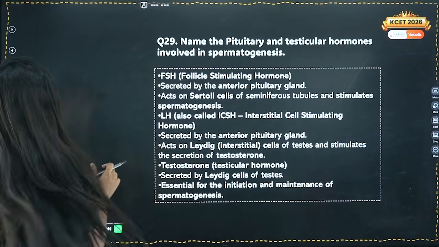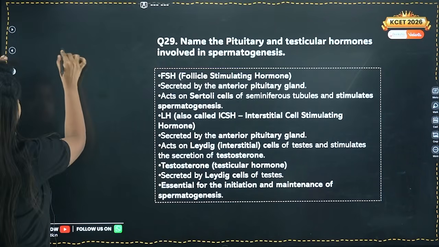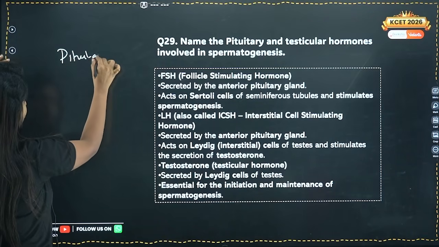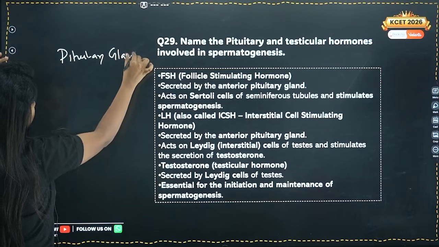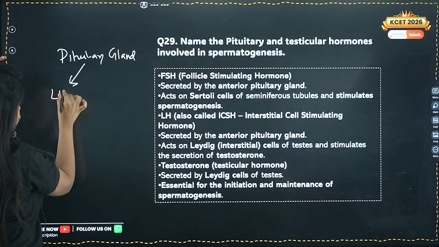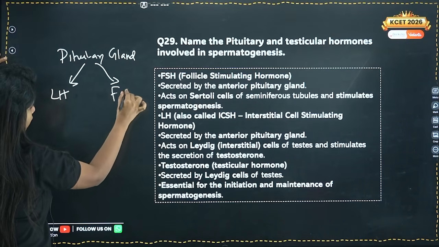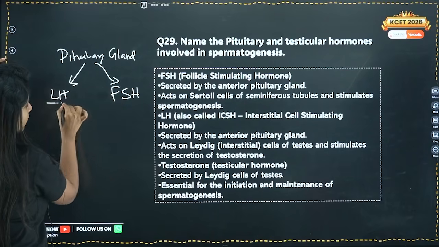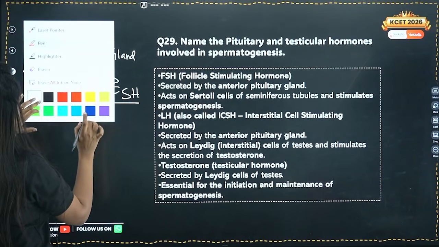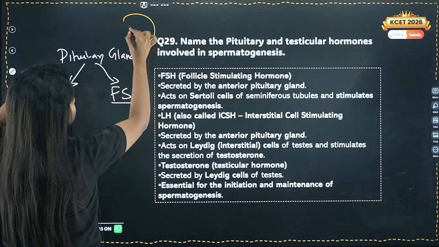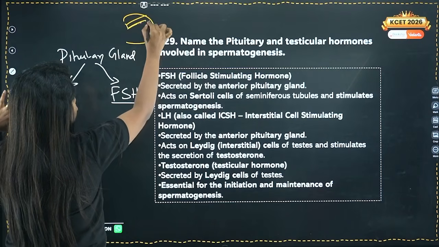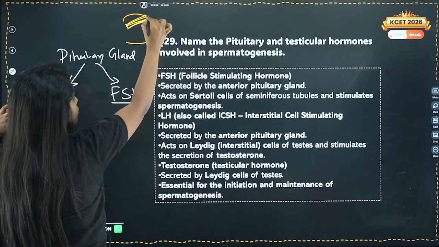Listen to me carefully. So first of all, let's make the pituitary gland. You have the pituitary gland. It releases 2 hormones. One is LH and the other one is FSH, follicle stimulating hormone and luteinizing hormone. Now you need to understand one very important thing. If you talk about the testis, inside that you have testicular lobules, and inside that you have seminiferous tubules, right?